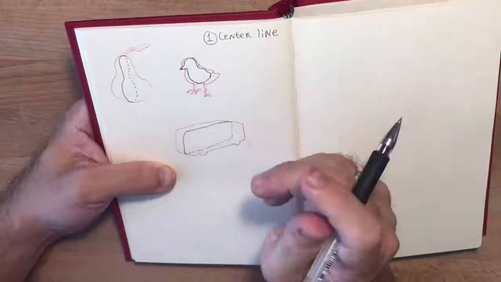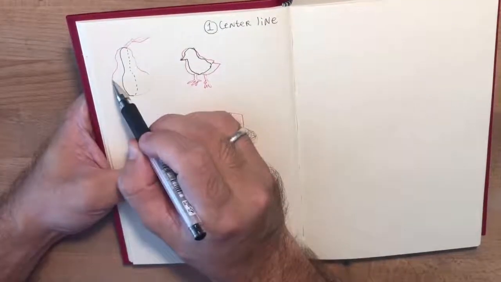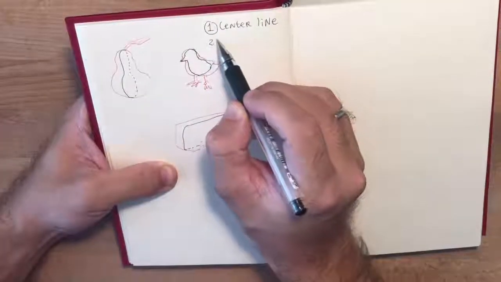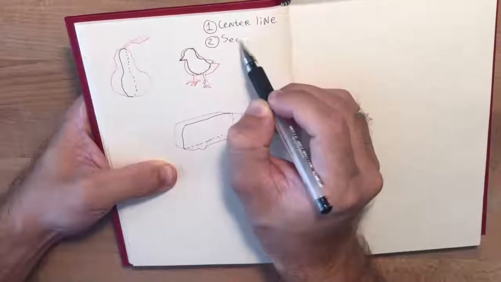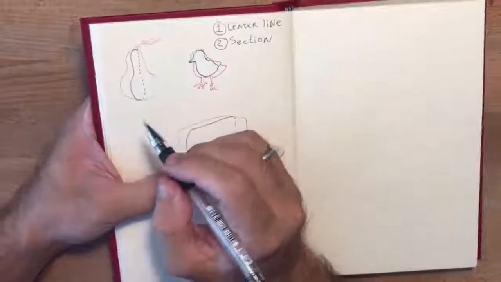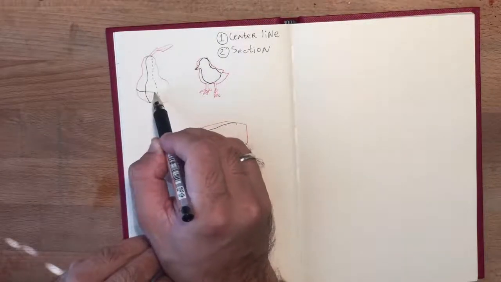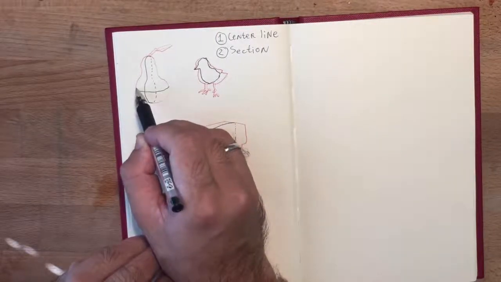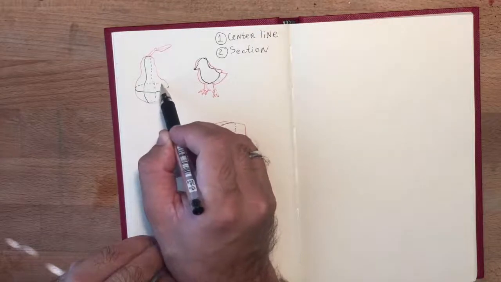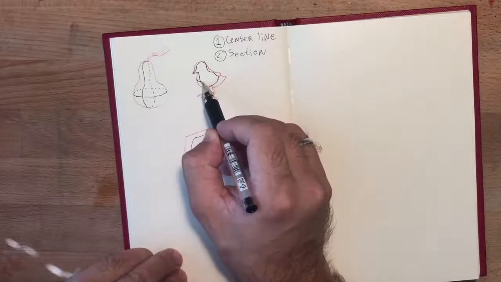And then there is the section, also called cross contour. This will be a horizontal line around the object.